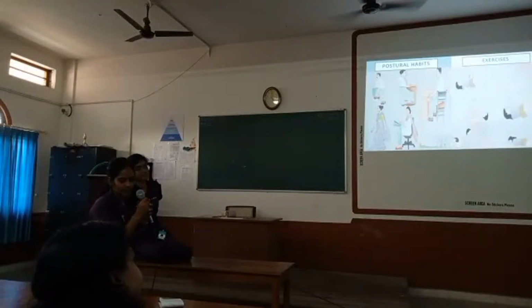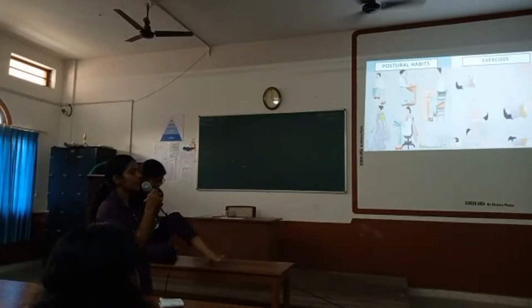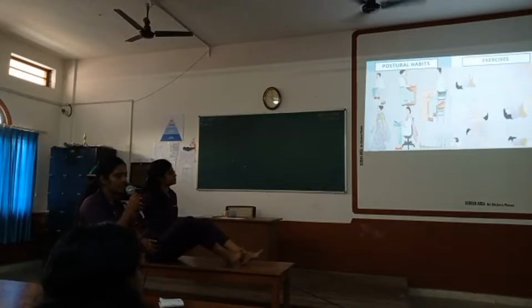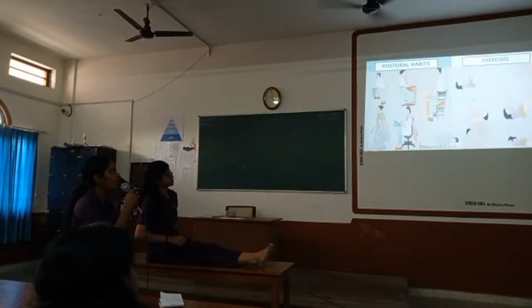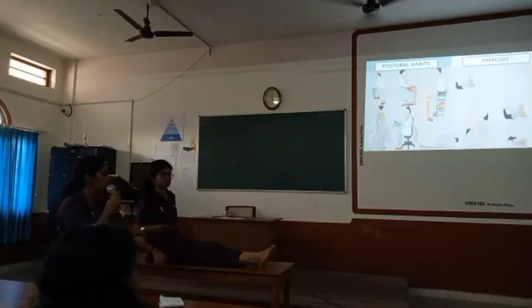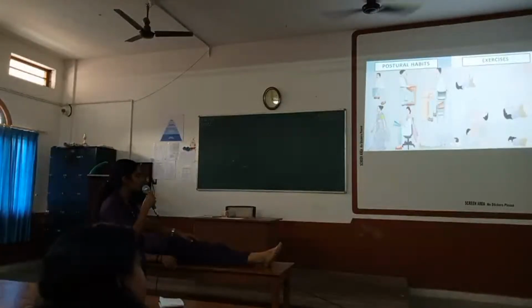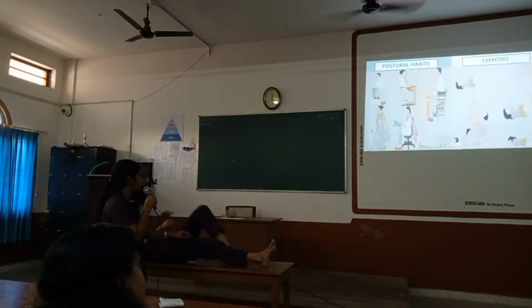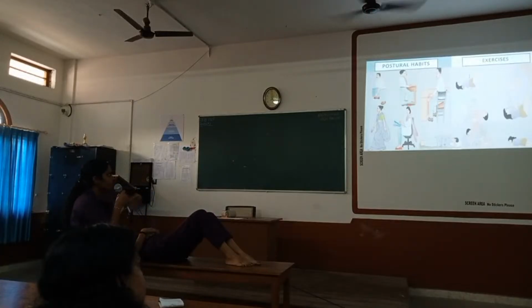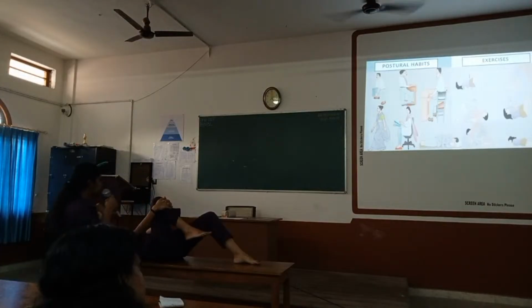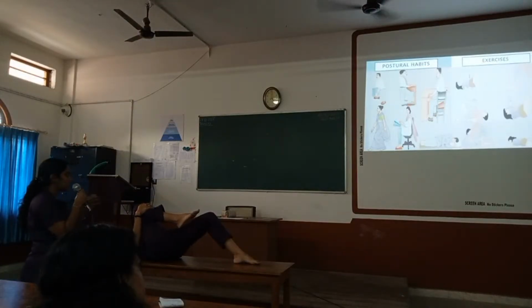And the next one is the knee to chest position, and in yogasana it can be similar to Pavanamuktasana. Ask the patient to lie in supine position and bend the knees. Then ask the patient to raise the knee to the chest region, and to touch the knee up to the chest region.